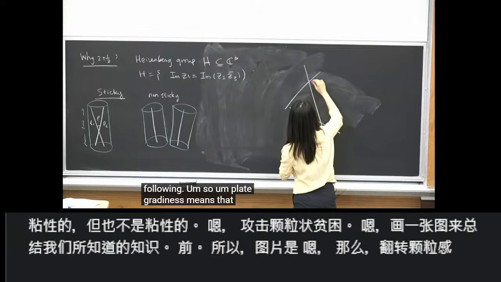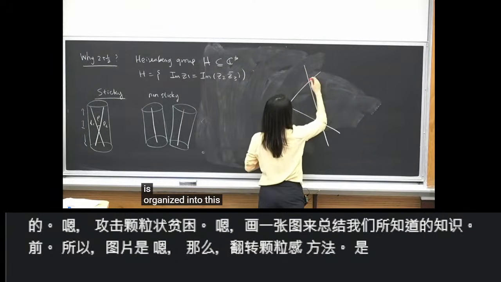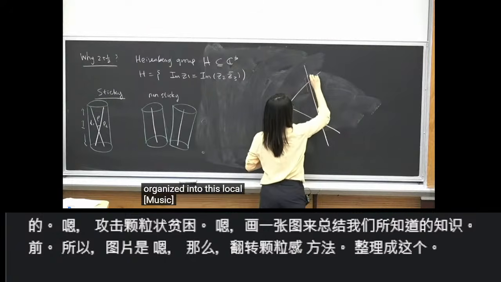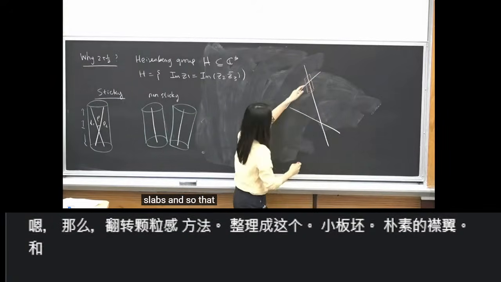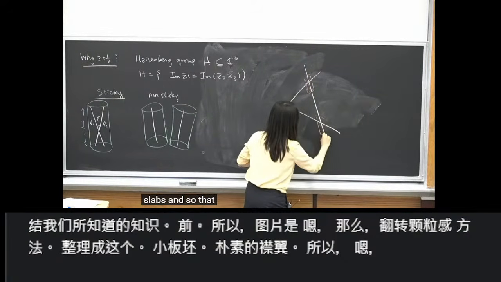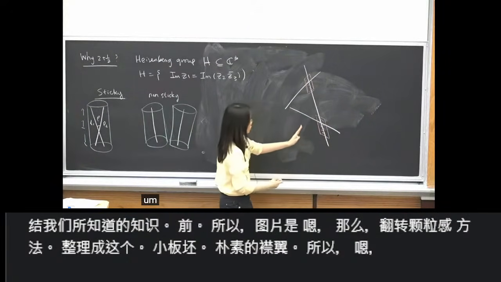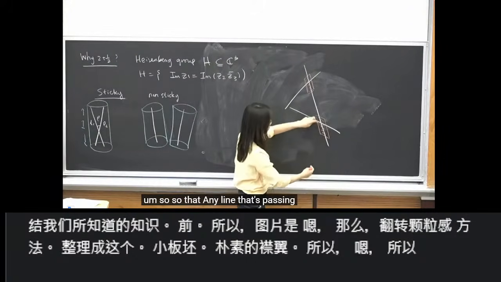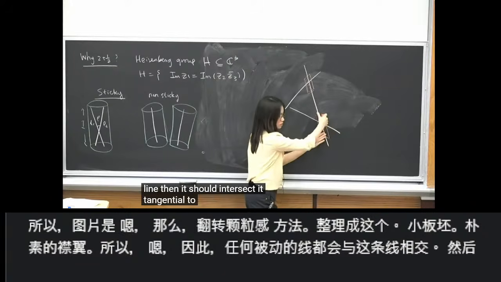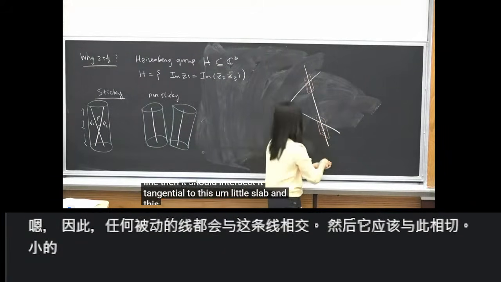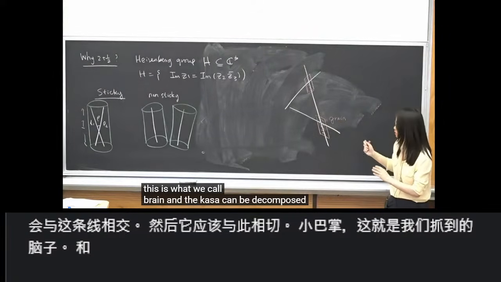Graininess means that the Kakeya set is organized into small planar slabs, so that any line that intersects this line should intersect it tangential to this little slab, and this is what we call a grain. And the Kakeya set can be decomposed into a union of slabs.